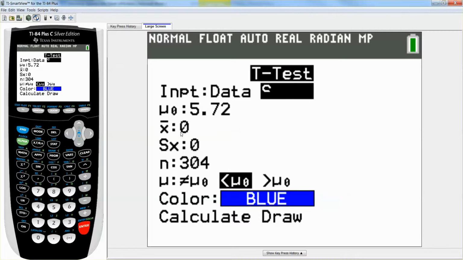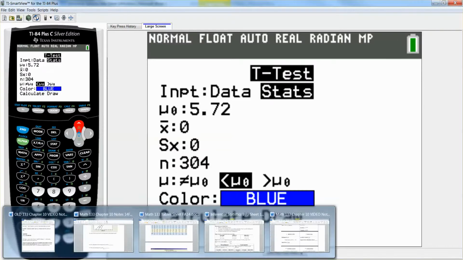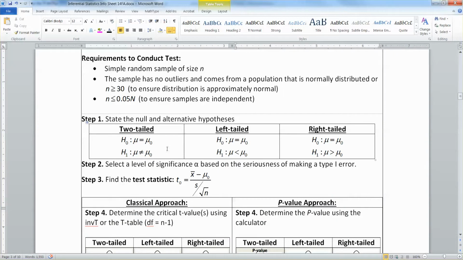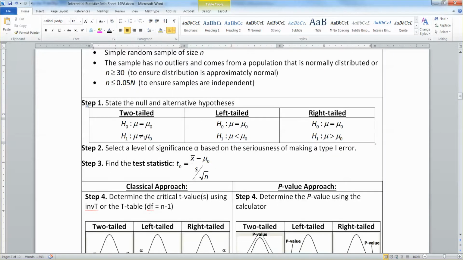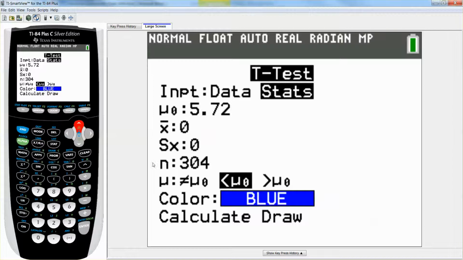If that's the case, then you'll use stats and type in your values for X bar and S, and mu0 for that matter. Remember, mu0 will be your value from your null hypothesis, so it'll always be whatever number was from your null hypothesis. Your alternative is either not equal to, less than, or greater than. So when you look at the calculator, you have to go down here with your arrows and choose, is it a two-tailed test, a left-tailed test, or a right-tailed test?